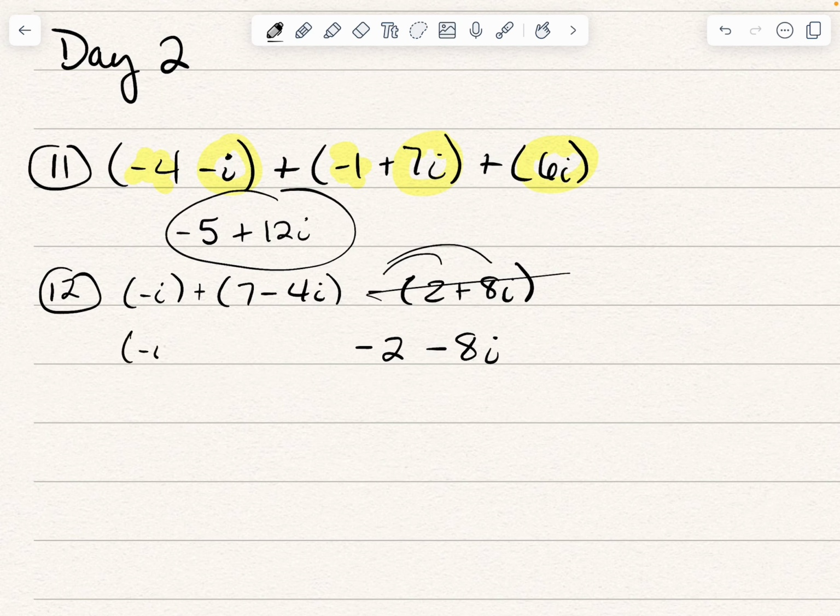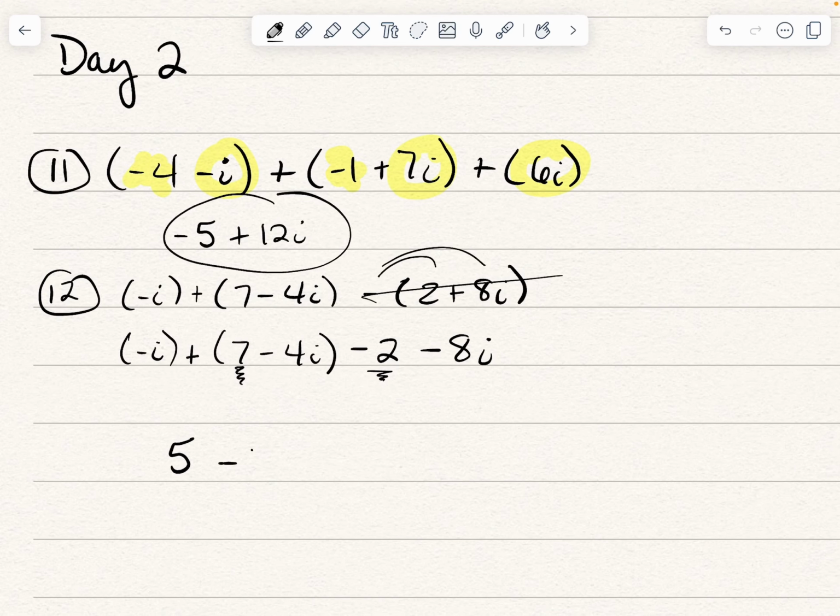This is going to get copied down. All right, and again, we're adding our like terms. So 7 added with -2, that's going to give you a +5. Okay, we have -1i, -4i, -8i. Add all those together. All right, that's going to give me minus 13i for that one.